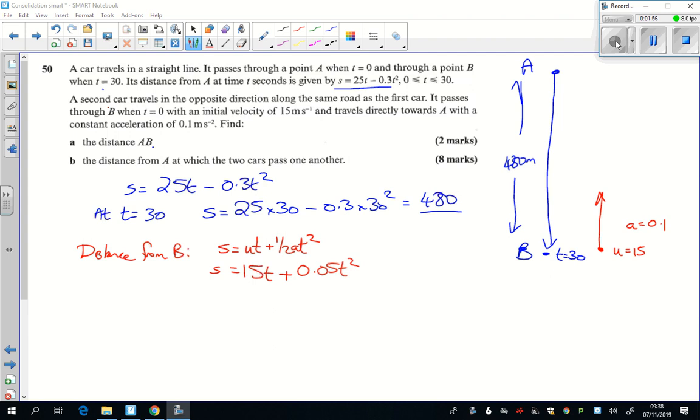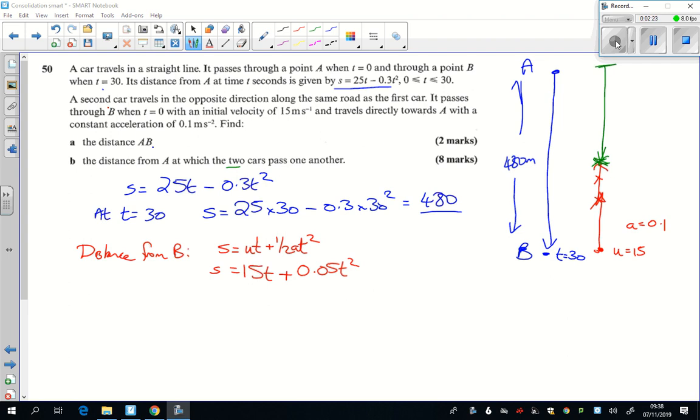So I could put t equals 1 in here, and find out how far it was. T equals 2 in here, I could find out how far it was from B. But the question doesn't want us to do that. The question wants us to find out when the two cars pass one another. And so what I want to know is, how far is it from A at that point? Well, here's some thinking.